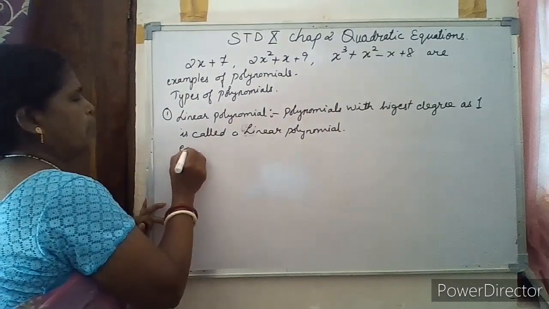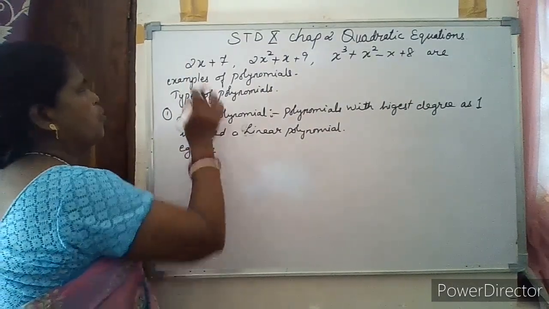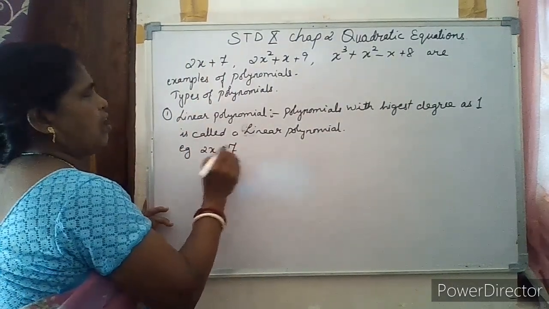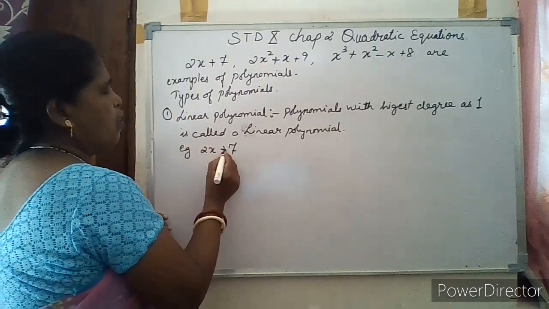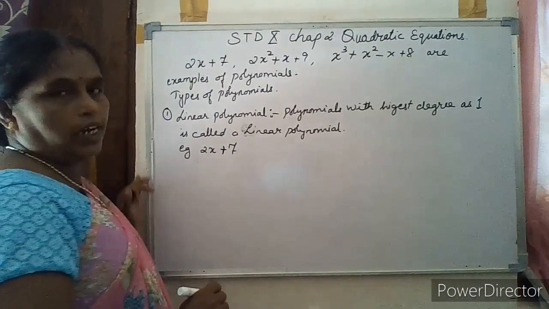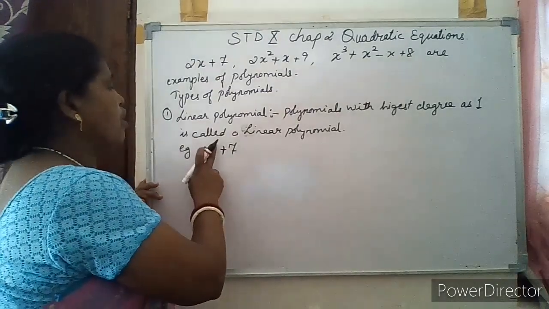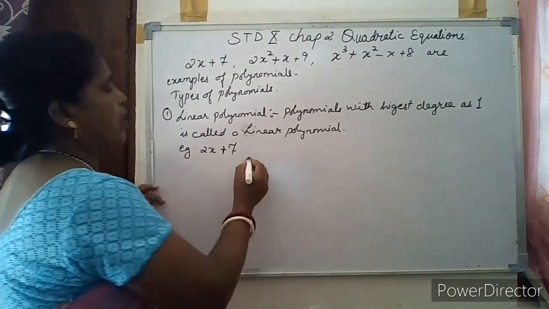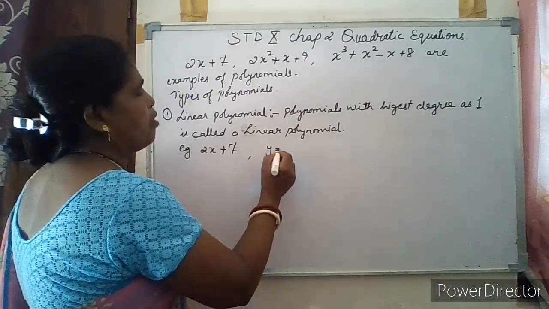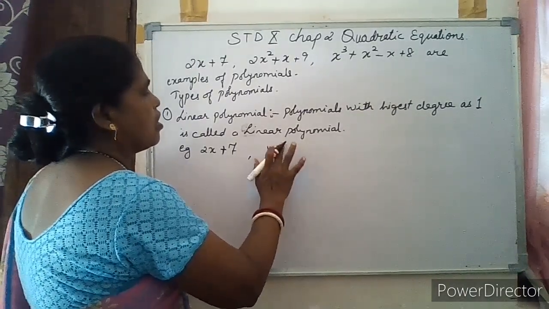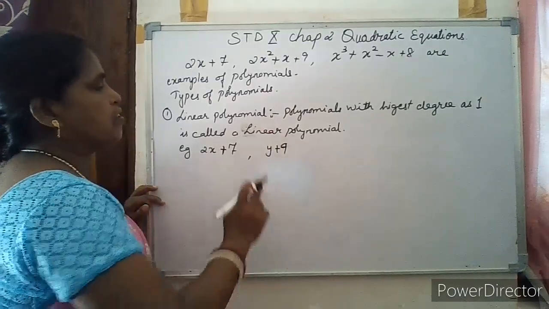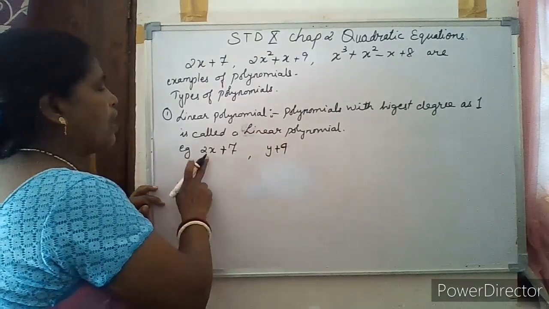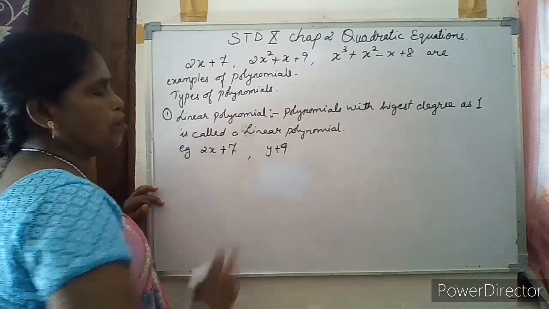For example, see 2x plus 7. This is a polynomial and its highest degree is 1. Degree of the polynomial you had learned in 9th standard. The degree of the polynomial here is 1. Suppose if I take y plus 9, the degree here is only 1 and only one variable is there.